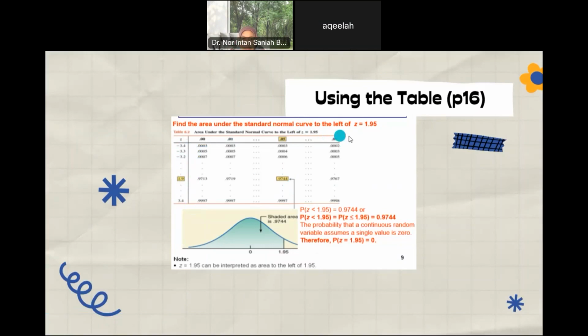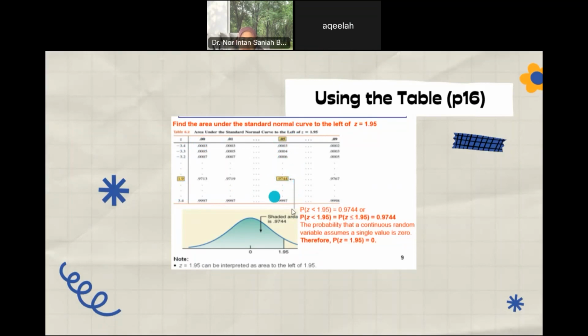So how do we find the value for Z 1.95? You find the Z value 1.9, and then you complement it from the row on top with 0.05. The probability Z less than 1.95 is equal to 0.9744, which we obtain from this table.